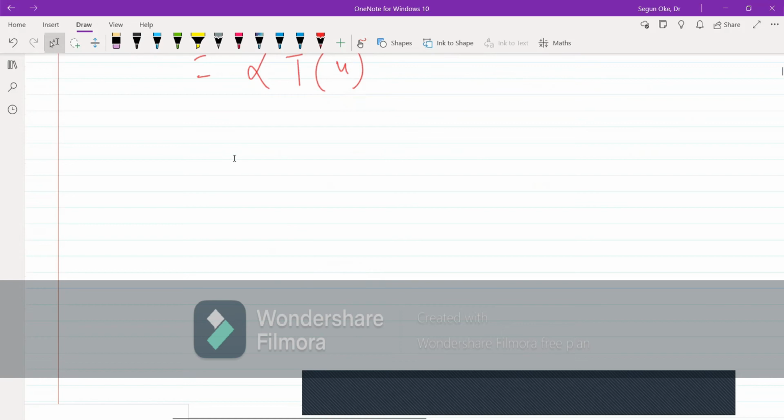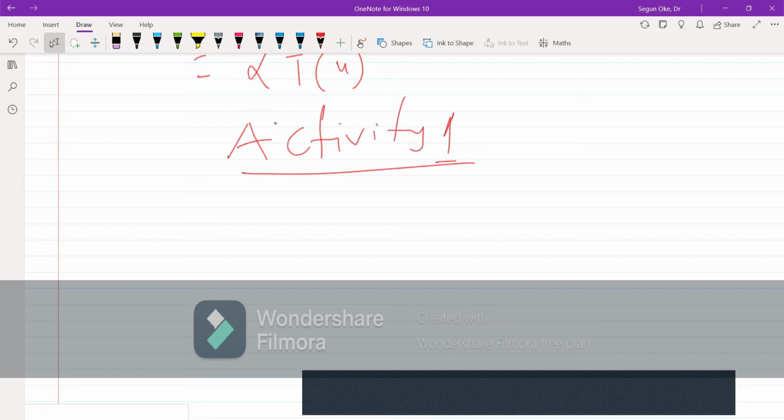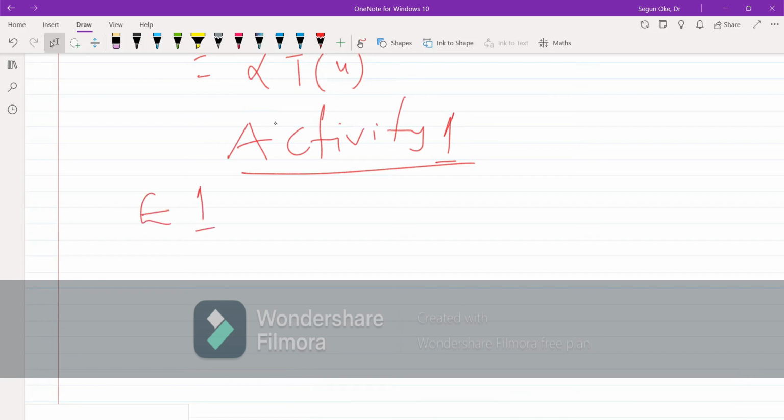Look at Activities 1 in your course material. Yes, you can lay your hands on it. Check these activities. You can check E1 and solve it. If you solve this one, you have an idea of what we are saying.